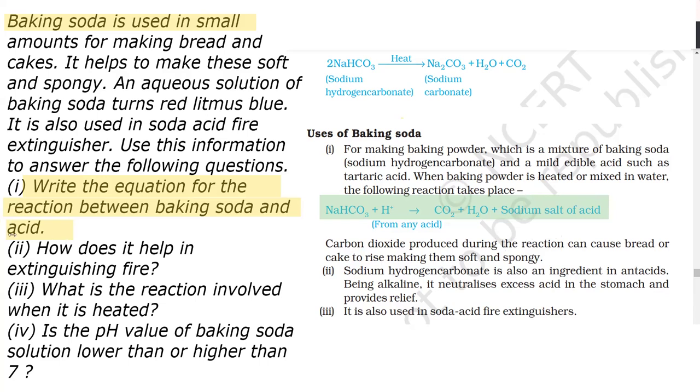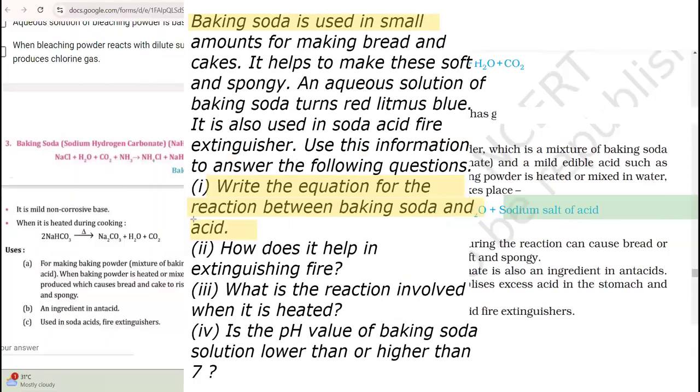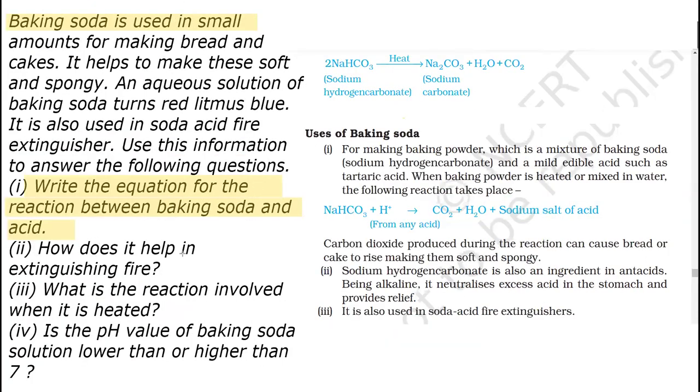Next part: how does it help in extinguishing the fire? What you should know is that when it is heated with an acid, it gives a large amount of carbon dioxide.